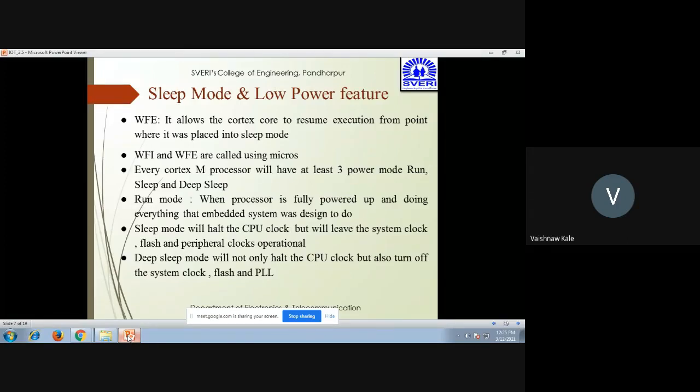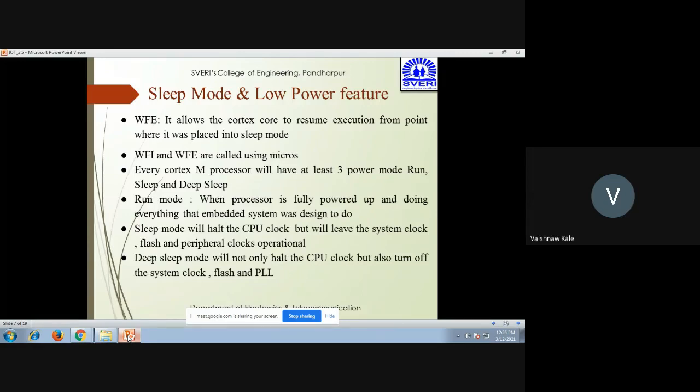And beyond this, it also has 3 power modes. The first one is the run mode, second is the sleep mode, and the third one is the deep sleep mode. In run mode, the processor is fully powered up and does everything that the embedded system was designed to do. In sleep mode, the CPU clock will be halted, whereas the rest of the clocks, like system clock, flash, and peripheral clocks, are operational.